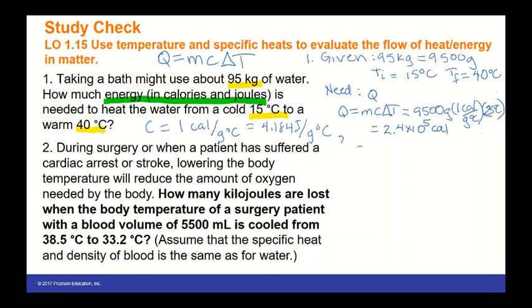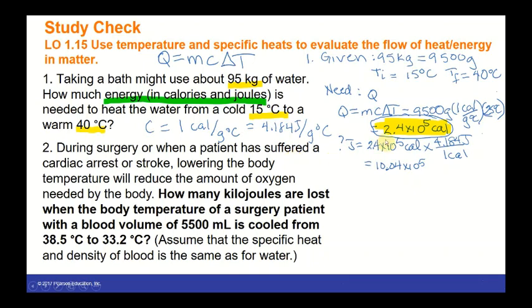If you plug it in your calculator, you'll get another number, but know that we have to round it off to two significant figures, and scientific notation is much easier for these large numbers. If we want to calculate the joules from this, we simply use the conversion factor that 4.184 joules is equal to 1 calorie.